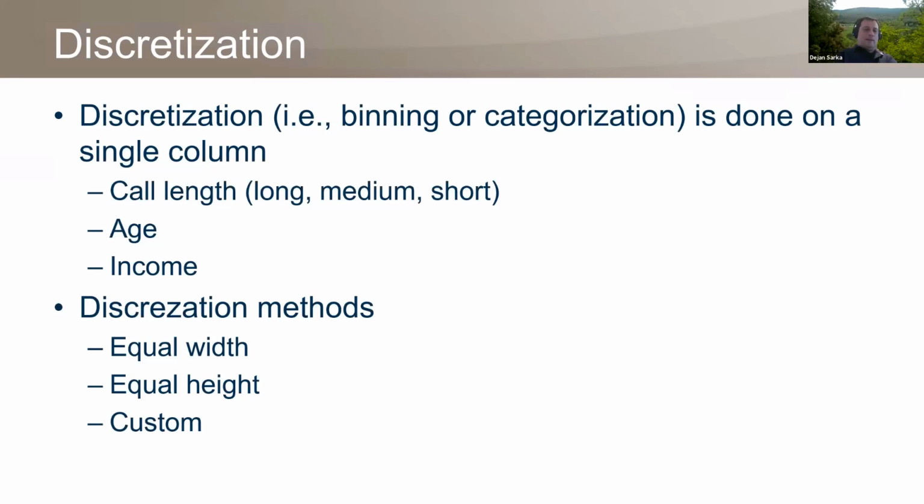Before that, let me explain discretization. This is the opposite process, getting categorical variables from continuous ones. There are many discretization methods. The most important three are equal width, equal height, and custom.